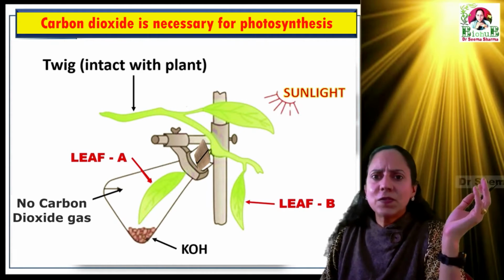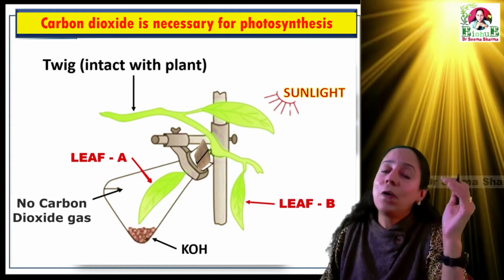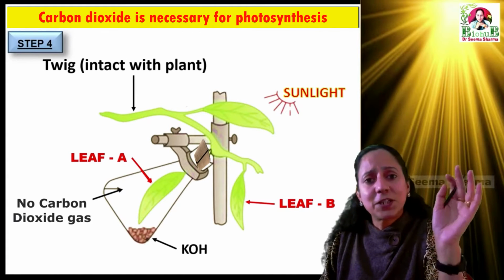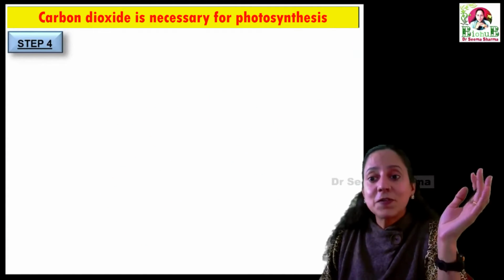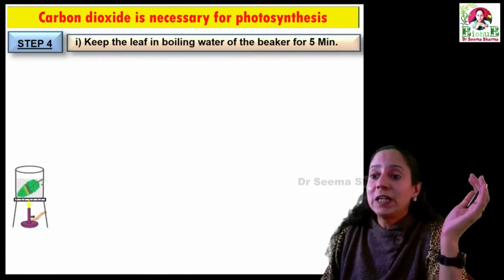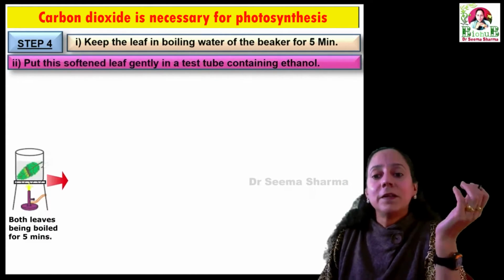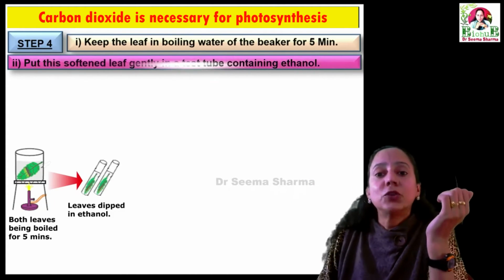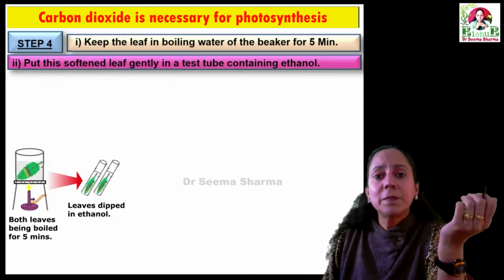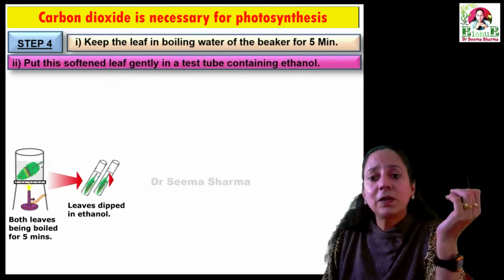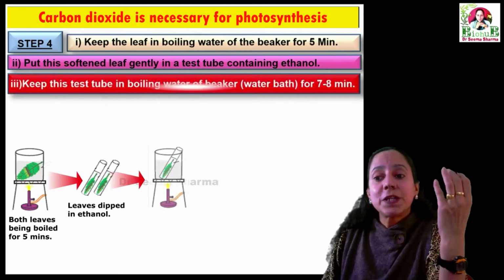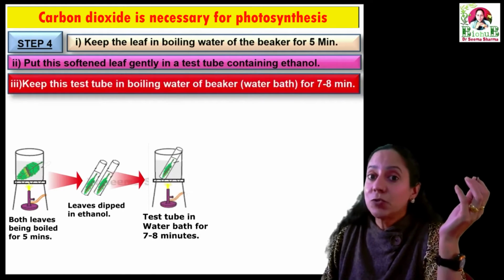So after 5 to 6 hours, in step 4, both these leaves are subjected to starch test. First, we have to keep the leaf in the boiling water for 5 minutes. Then we have to put these softened leaves gently in 2 separate test tubes containing ethanol. We have to keep these test tubes in water bath for 7 to 8 minutes.